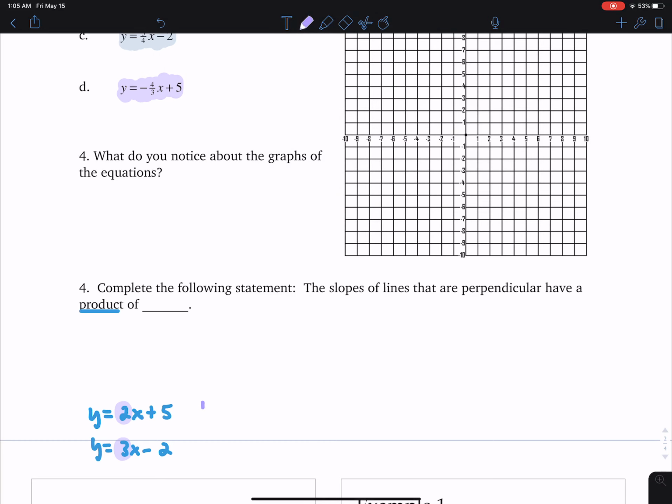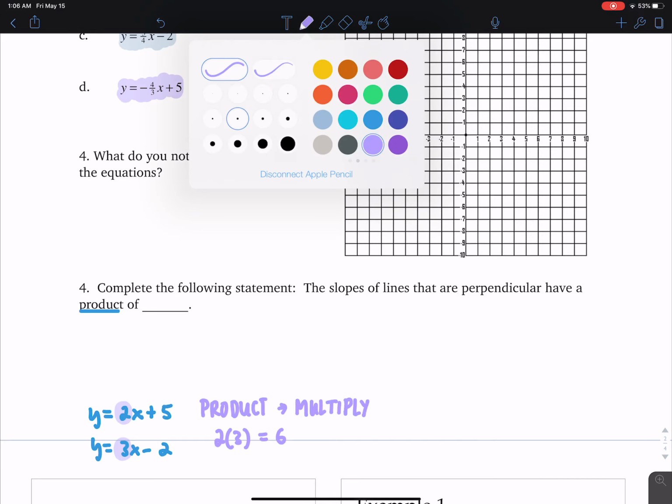And the word product means multiply. So the product of the slopes of these two lines would be 2 times 3, which would be 6. So these are obviously not perpendicular lines, so that's not going to be your product. You should get the same product for the slopes of both of the two perpendicular line graphs.